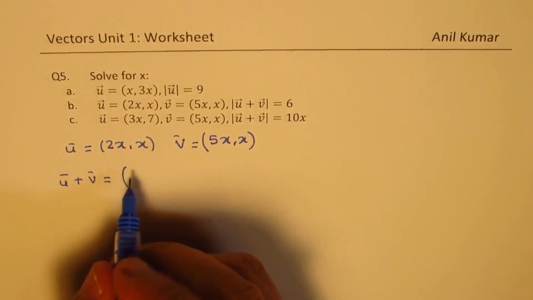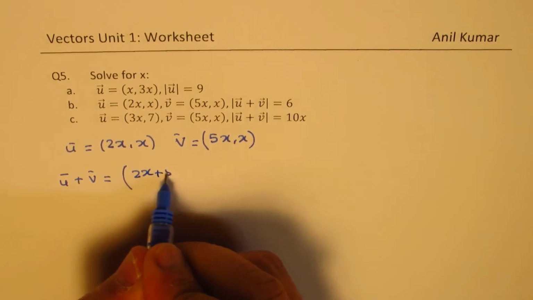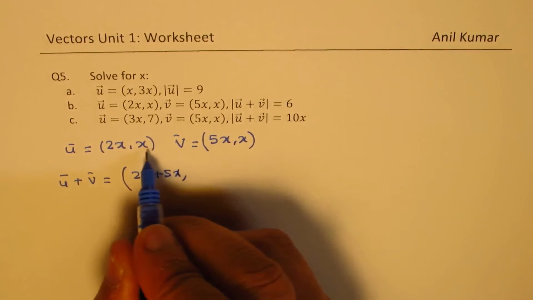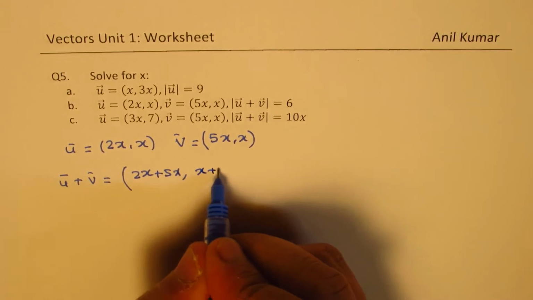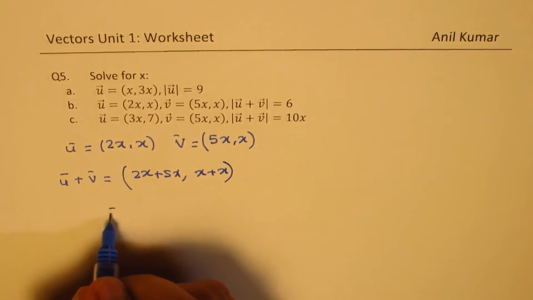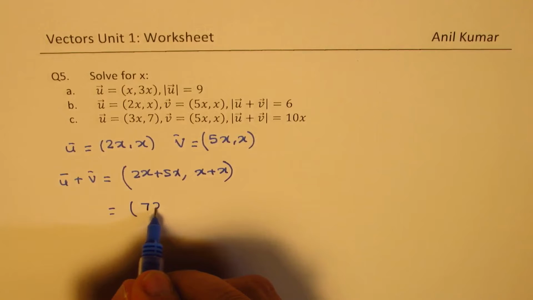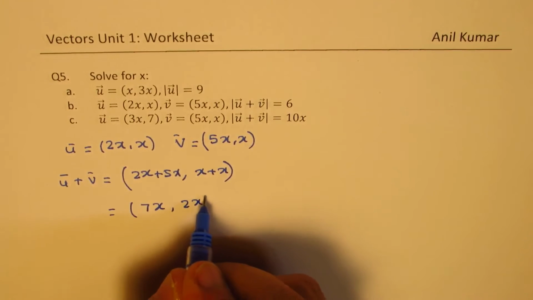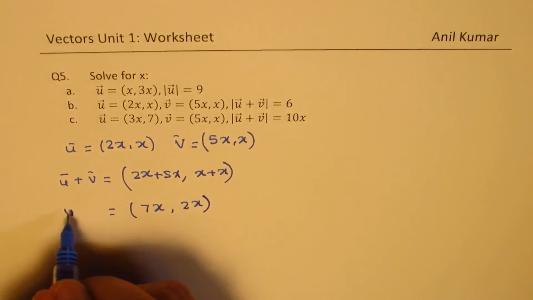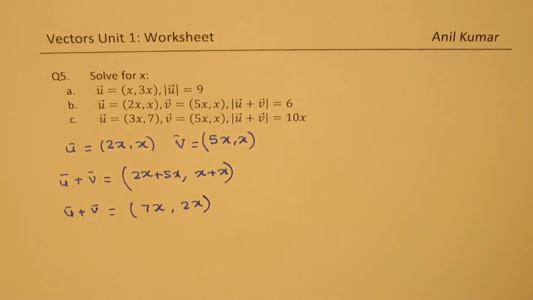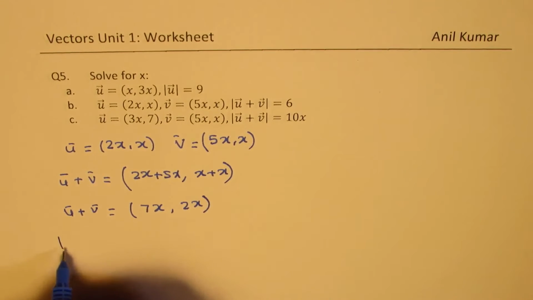It will be 2x plus 5x, and the y components x plus x, which we can write as (7x, 2x). So that is vector u plus v. What is the magnitude of this vector?